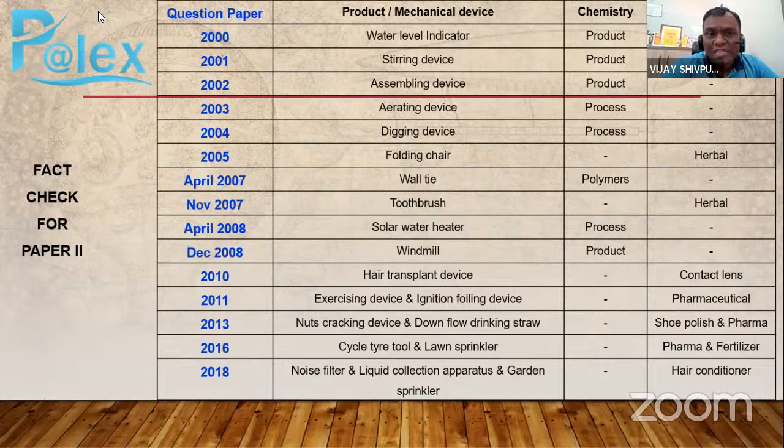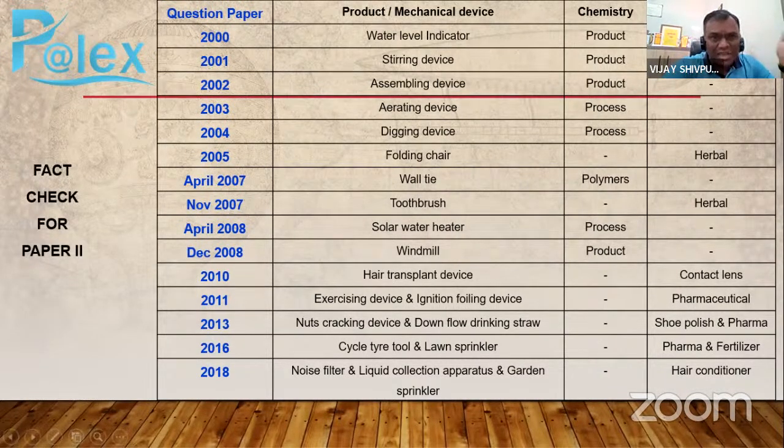Now, if you look at this entire chart, none of the examples are repeated ever, and you would see one common thing in all these is the mechanical device or the product part, since 2000 to 2018. So drafting a mechanical device or a product, understanding that is very essential for each one of you.